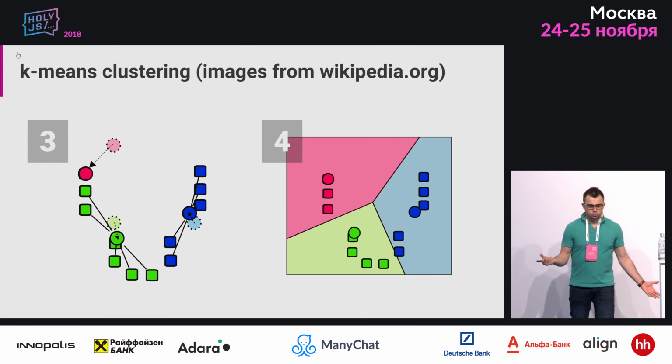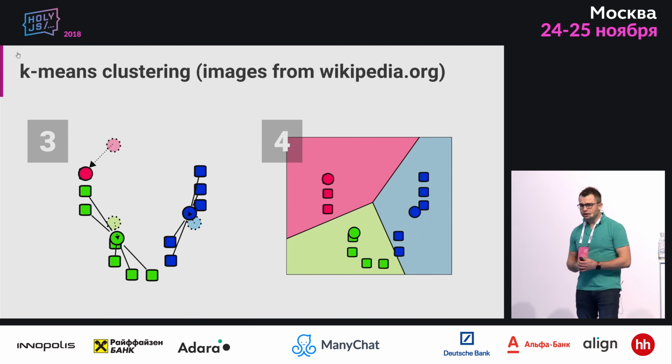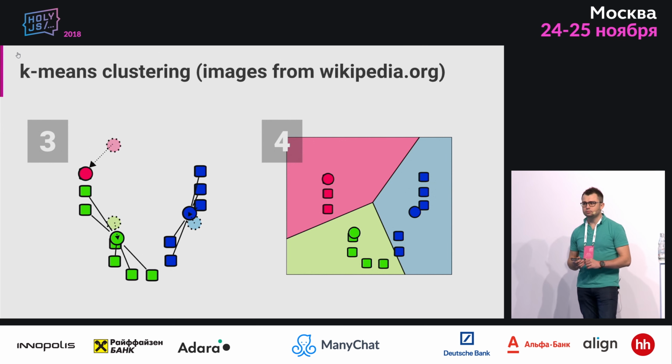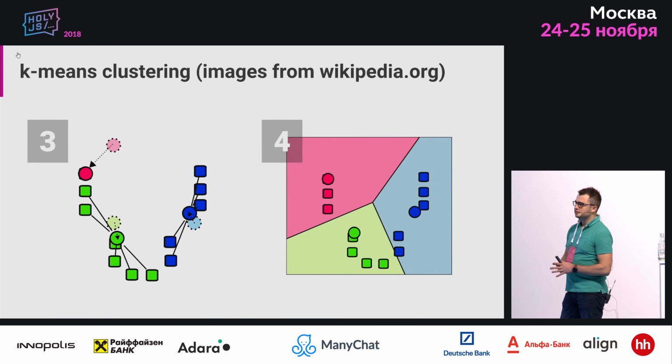So imagine that you throw, I don't know, anybody can come up with some idea of clustering of data? I will give you a couple of seconds. What do you think? What can we cluster? Okay, we have an answer.